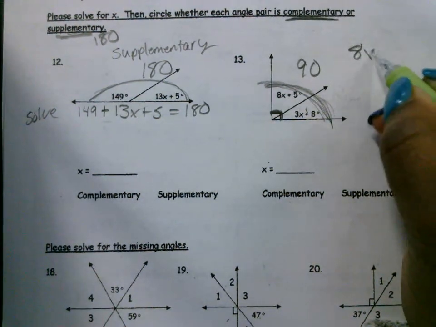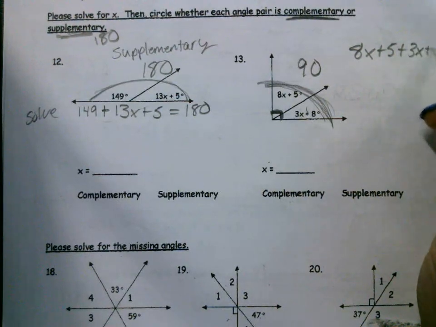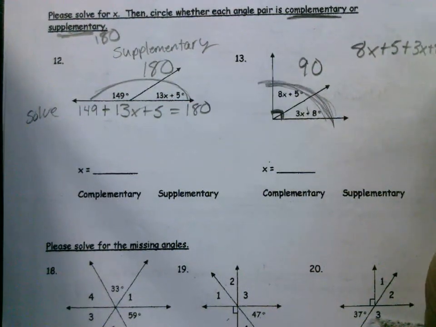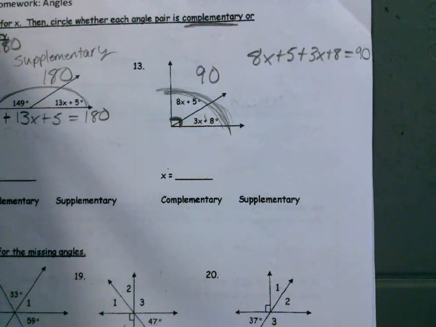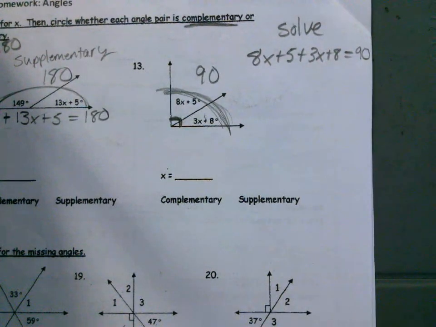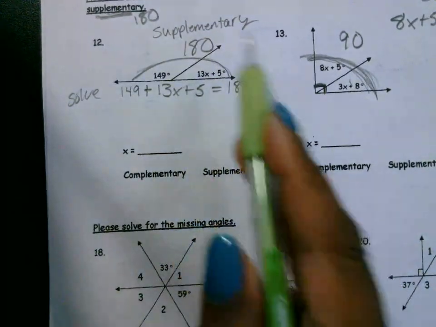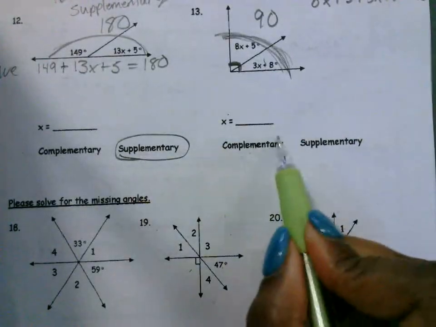So that's 8x plus 5 plus 3x plus 8 is equal to 90. And solve. I should have just circled this here. This was supplementary and this one was complementary.